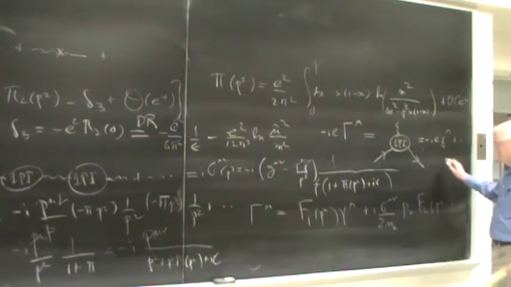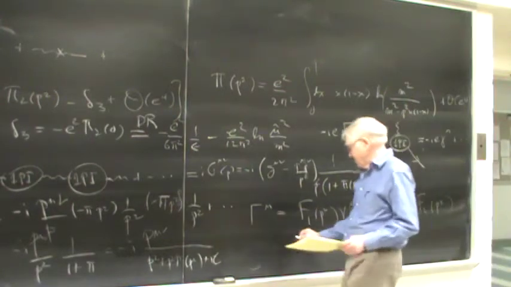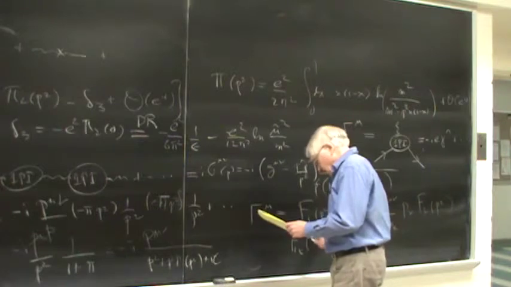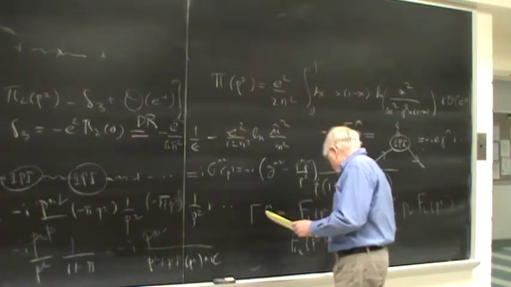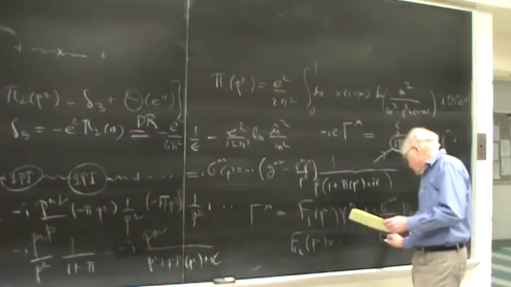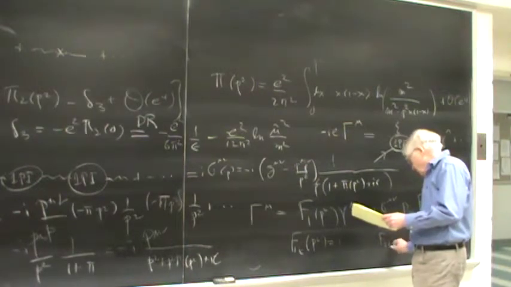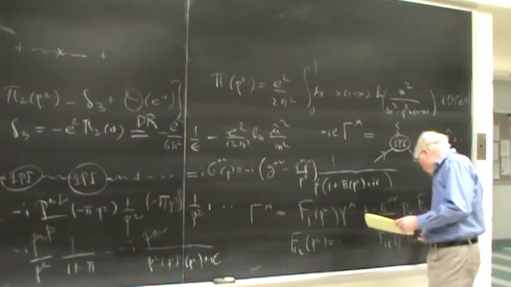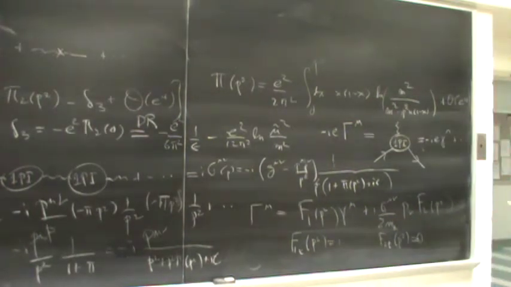And in order to have this the case, what we need, of course, is at tree level, F1 of p squared is 1, and F2 at tree level of p squared is just 0. So that reproduces that.